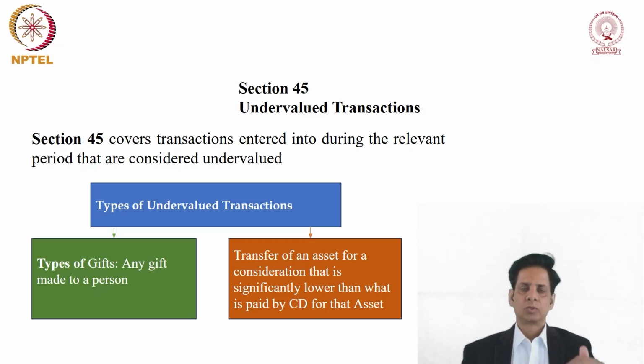So what are the two types of undervalued transactions done during the relevant period? Number one, if the corporate debtor has given any gift to any person.